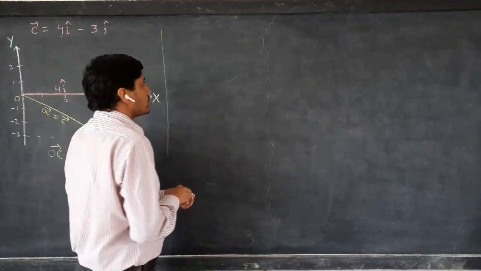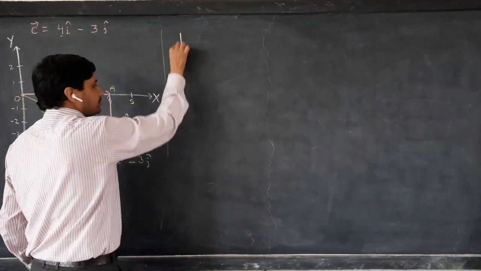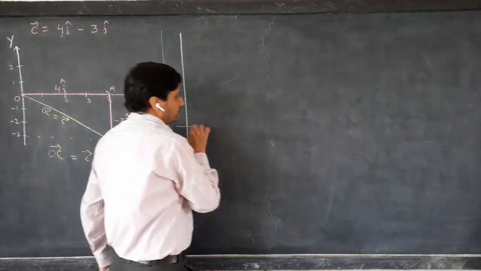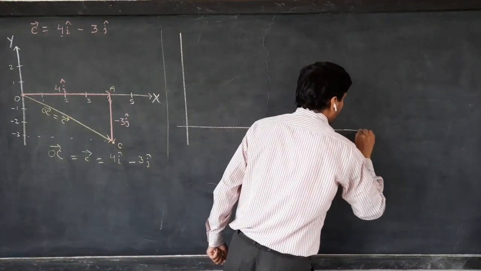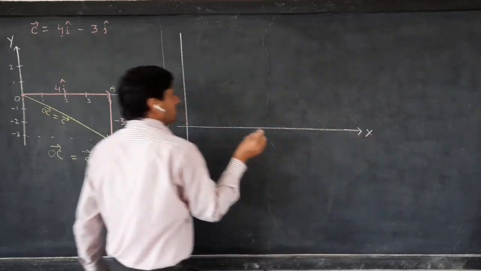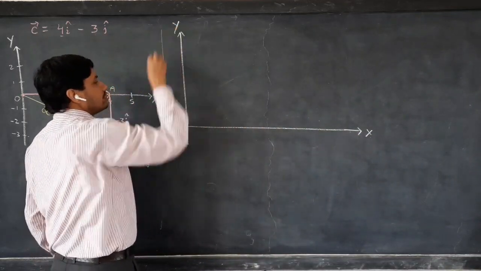Suppose we have our coordinates like so. This is our x-axis, this is our y-axis.